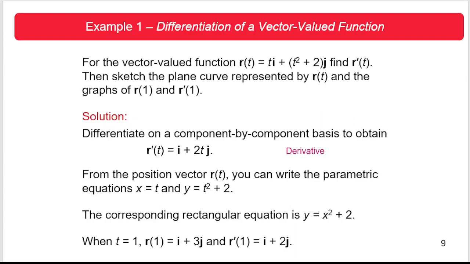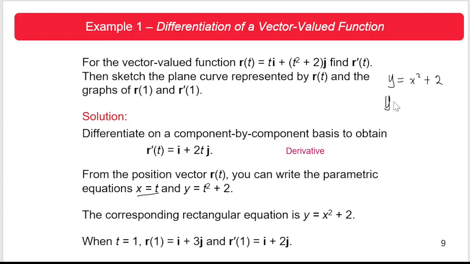And then after that, we can obtain the rectangular equation of this parametric equation by substitution. You substitute the first equation into the second equation to get y equals t squared, where t is x, so this should be x squared plus 2.